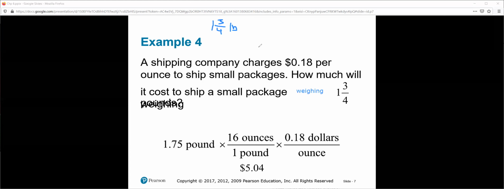Cool. What do I need to know? I need to know how much it will cost, right? I need my answer in dollars. And I have a conversion shown here: 18 cents per ounce.